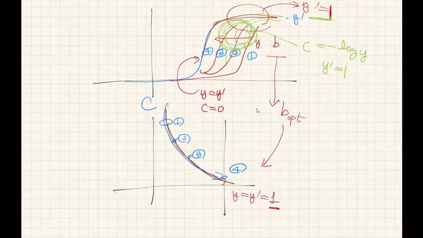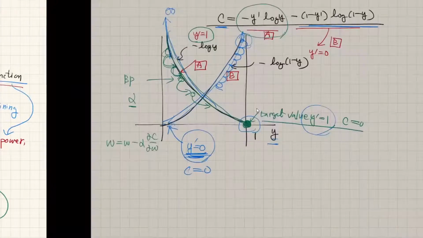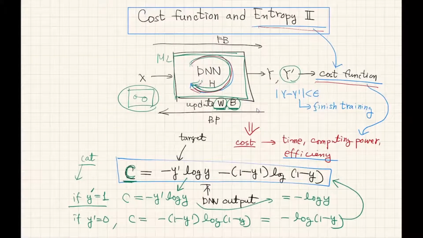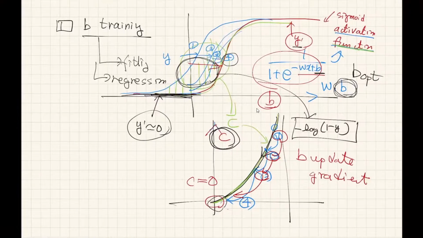So this is a short explanation about the relationship between backpropagation, forward propagation and the cost function, and how our deep neural network performs the training process, and eventually the parameters W and B will go to the W optimal point and B optimal point.